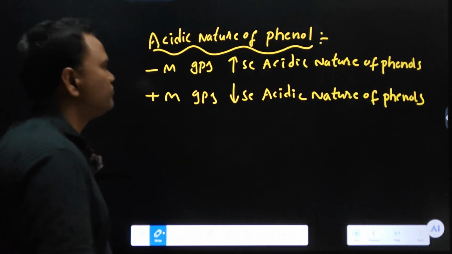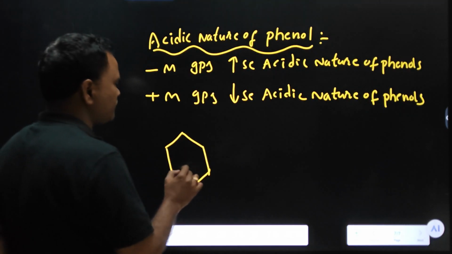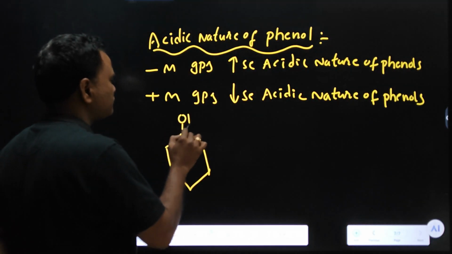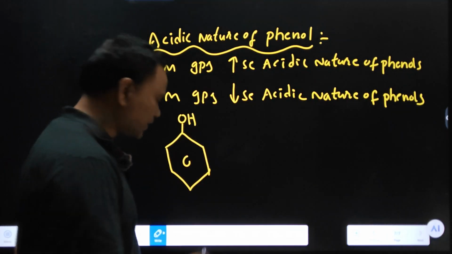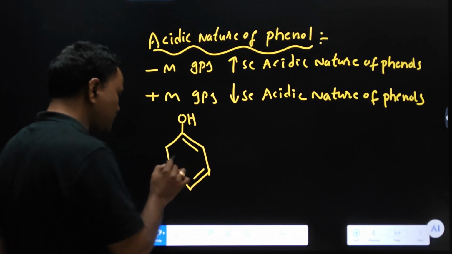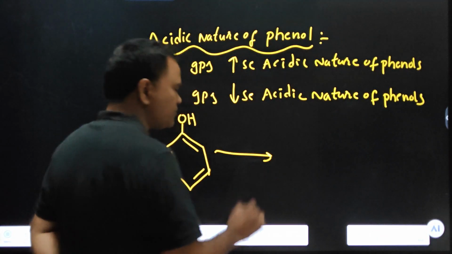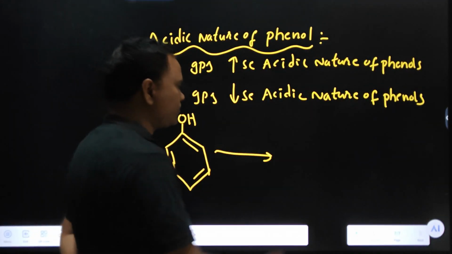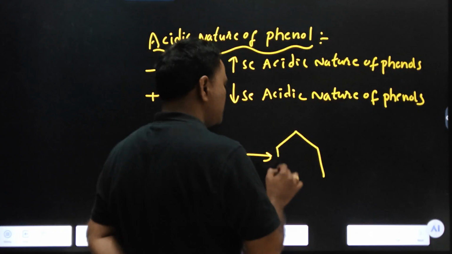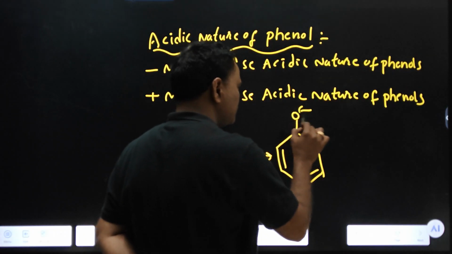Let us see the reaction which is responsible for the acidic nature of phenol. We can take bonds also or circle also, both are the same. This is the reaction.